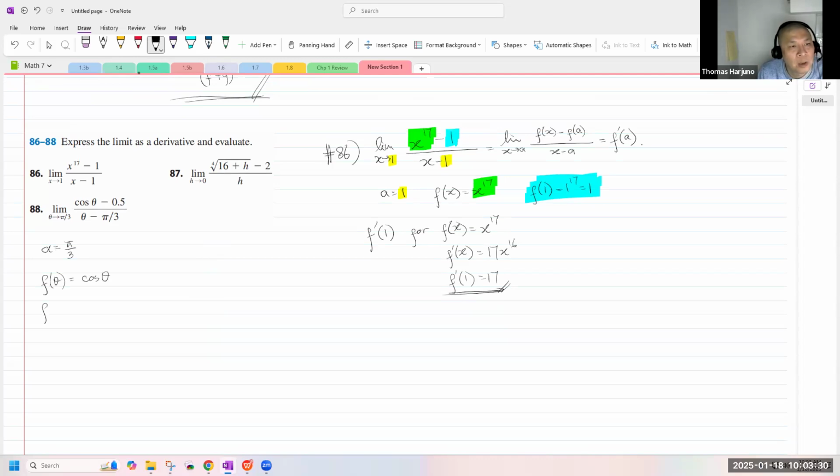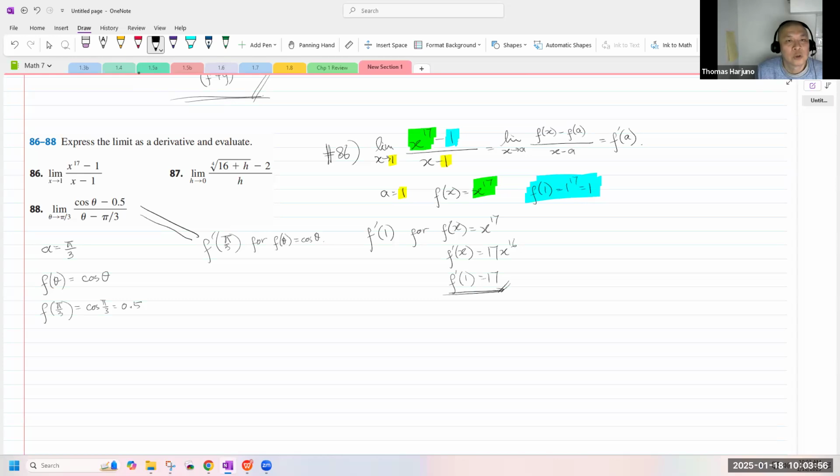And to confirm, f pi over 3 is cosine pi over 3, cosine 60 degrees, which is 1/2. So this is equal to f prime pi over 3 for f theta equals cosine theta.